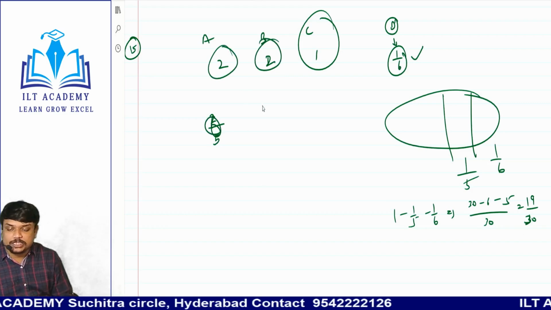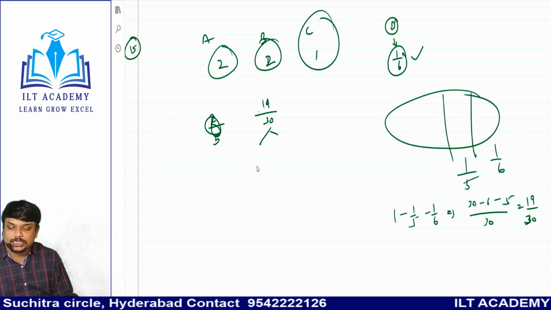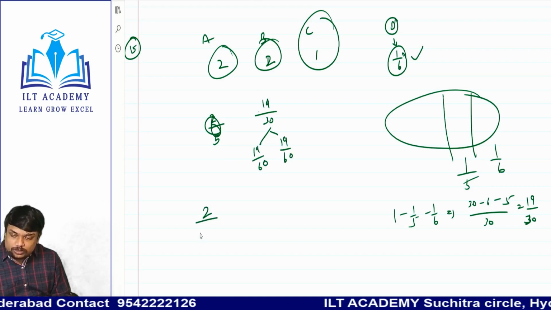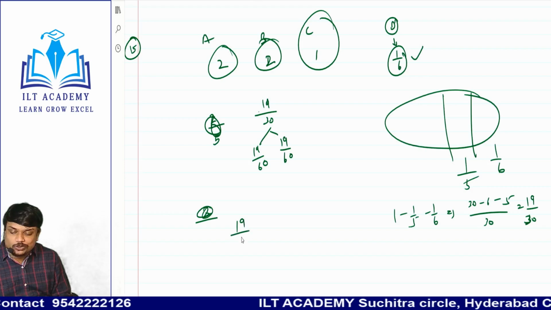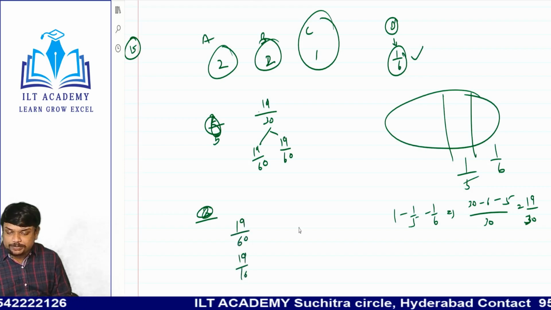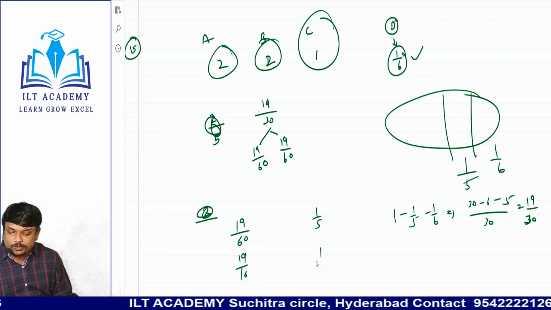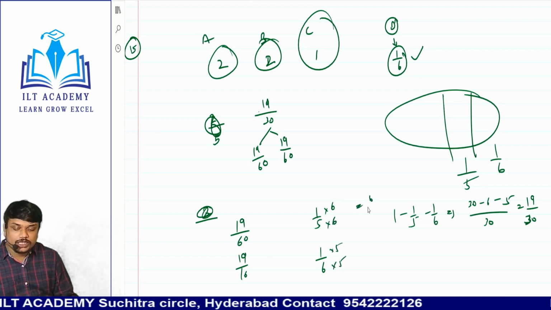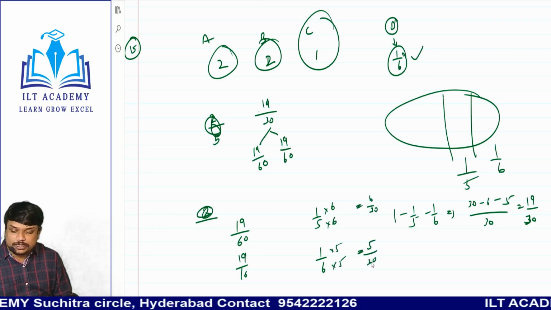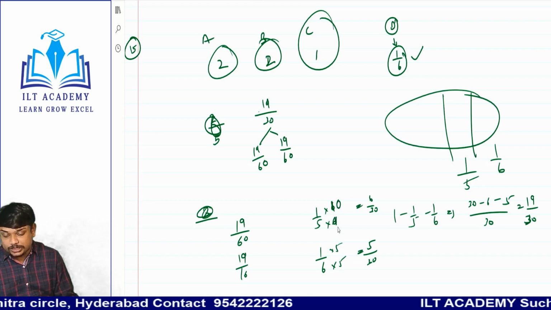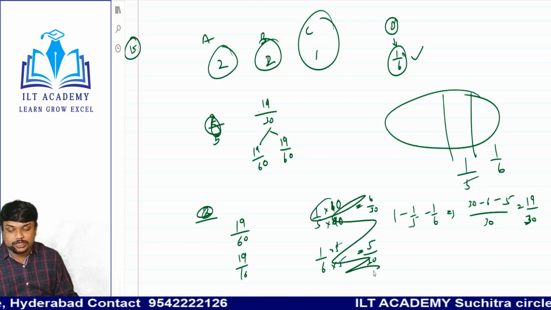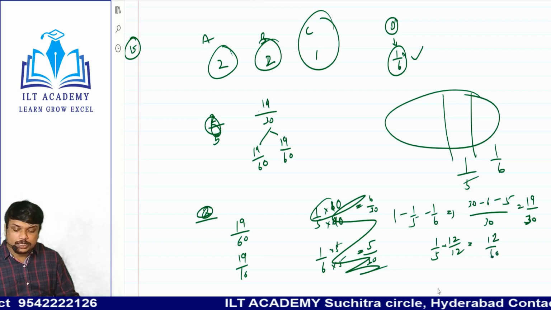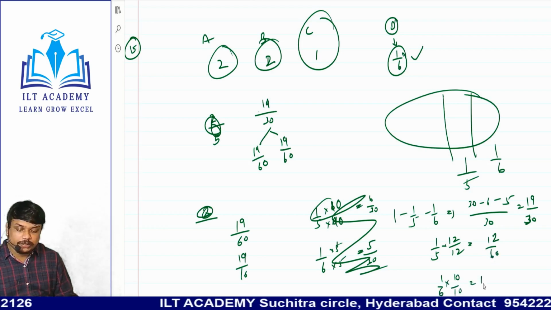Now simple, what is the ratio of A and B? 2:2. 19/30 should be distributed equally, which is nothing but 19/60 each.